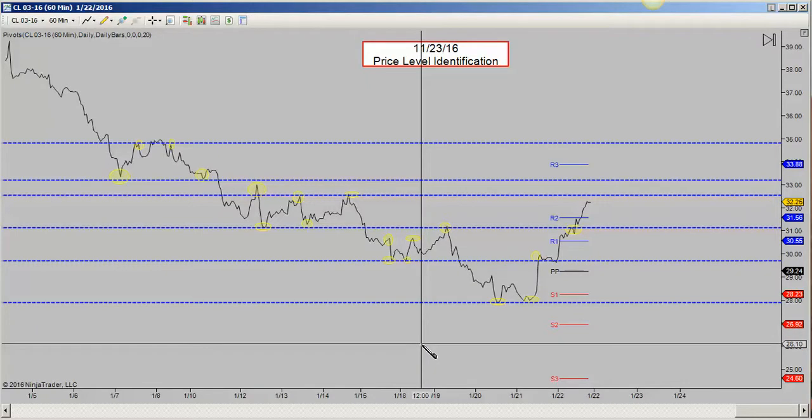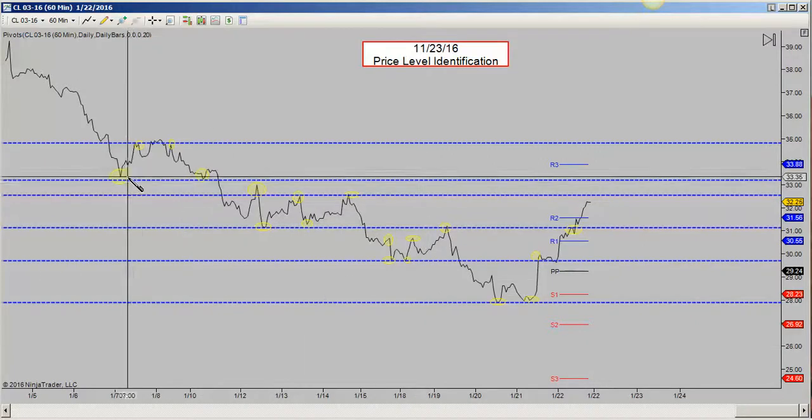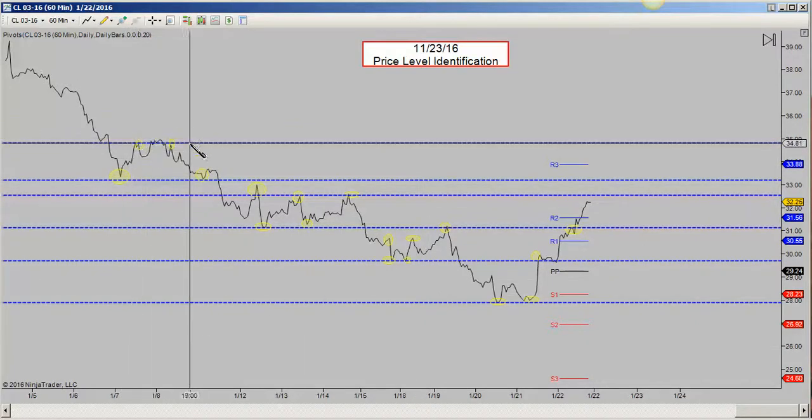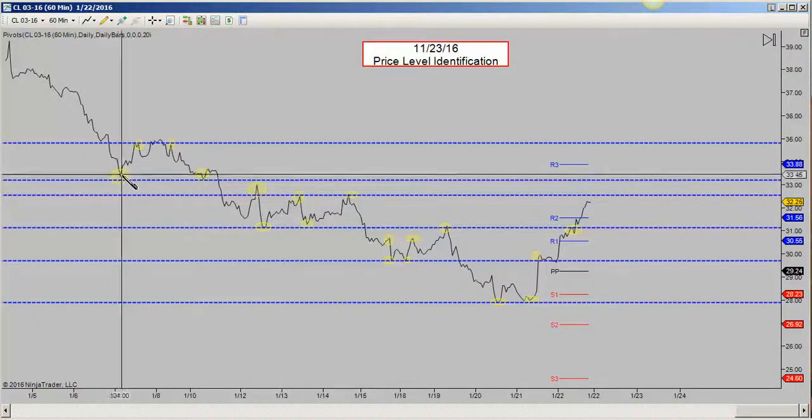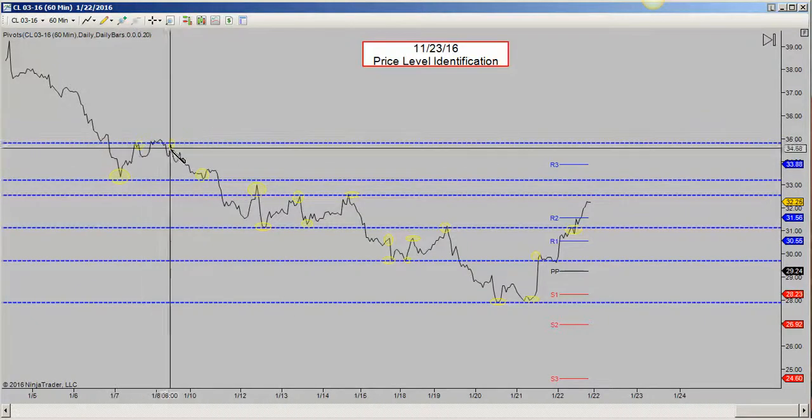Okay, so now we've connected all horizontal lines, and what you should start seeing is that these are actually where the support and resistance levels are. I mean, you can see support here, resistance, support.